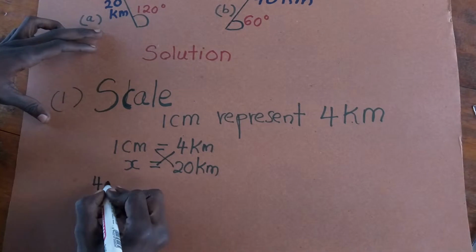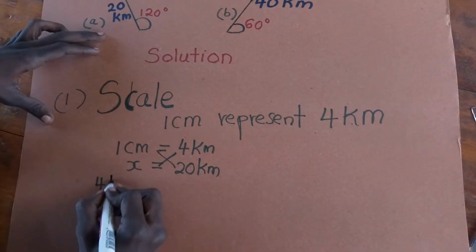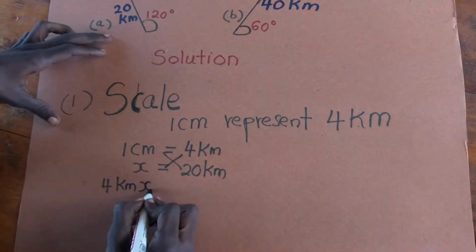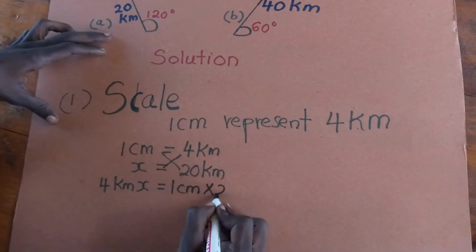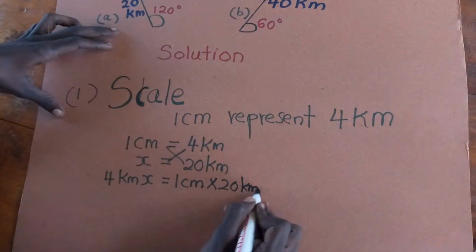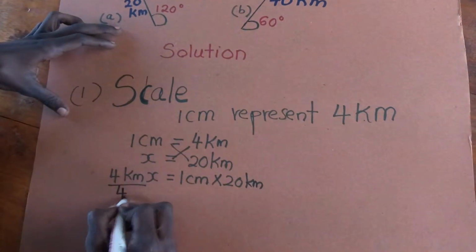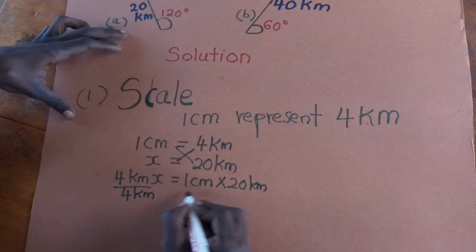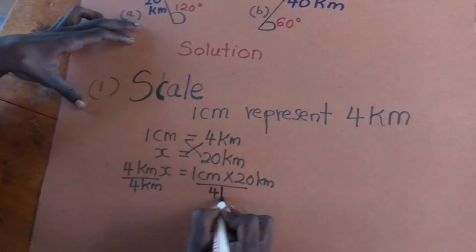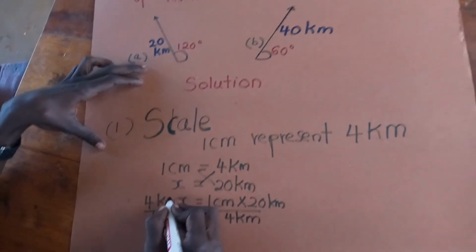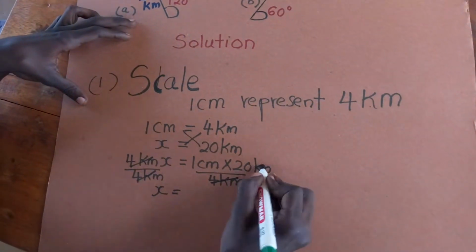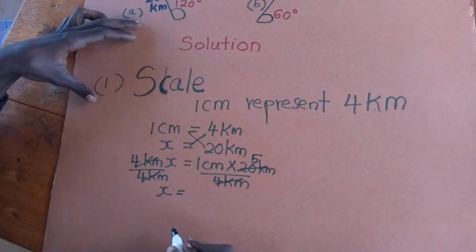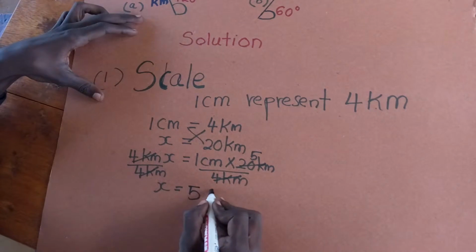So 4 kilometers times x is equal to 1 centimeter times 20 kilometers. Divide by 4 kilometers on both sides. The kilometers cancel, and x is equal to 20 divided by 4, which is 5 centimeters.